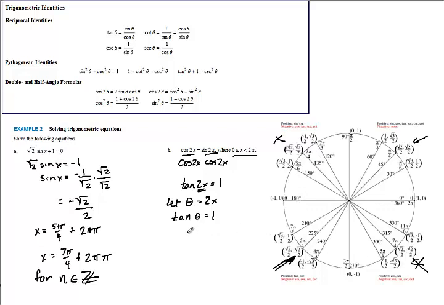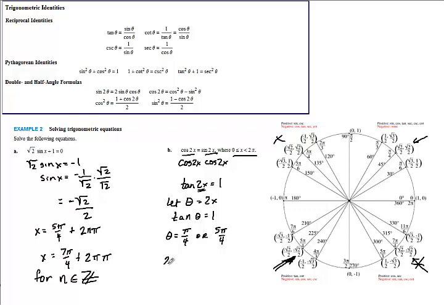My theta here is either going to equal pi over 4 or 5 pi over 4. But that's not really what I'm looking for, because I'm looking for what x is.